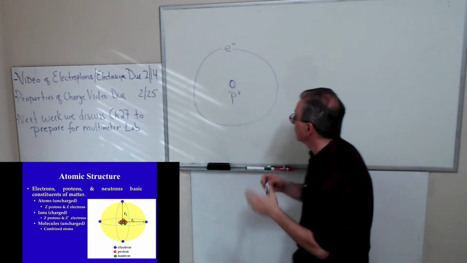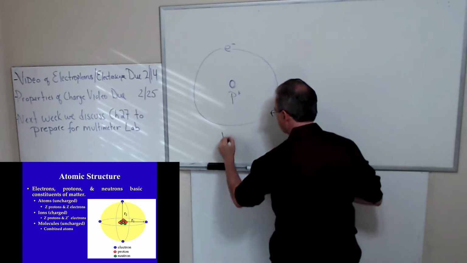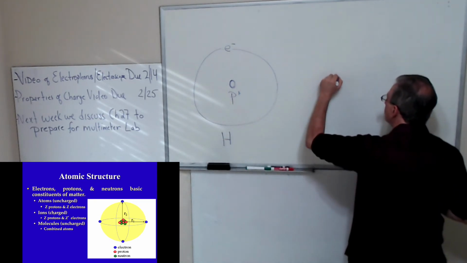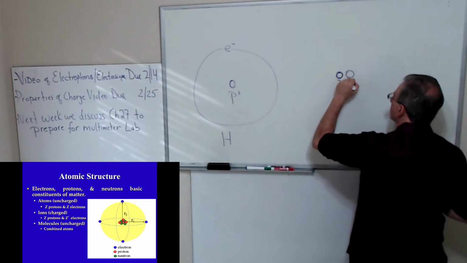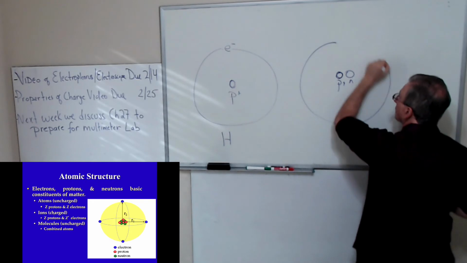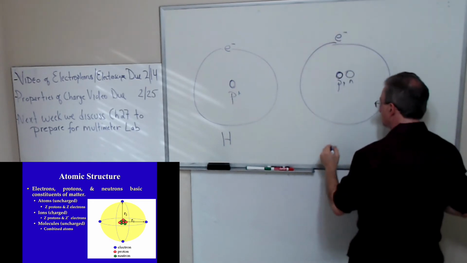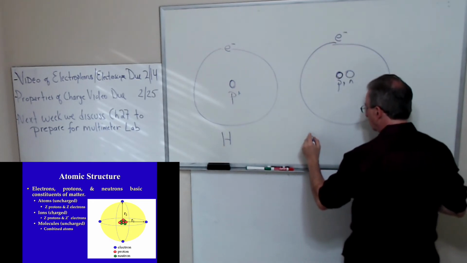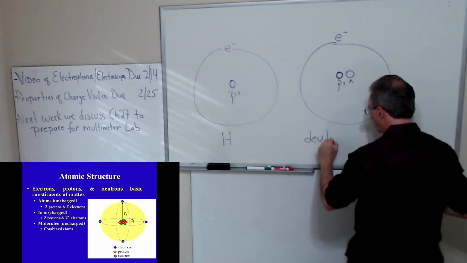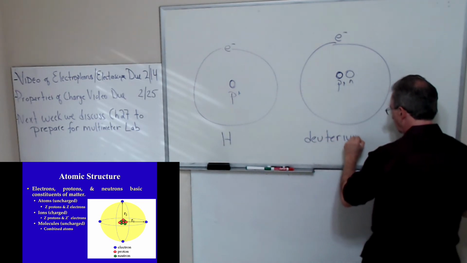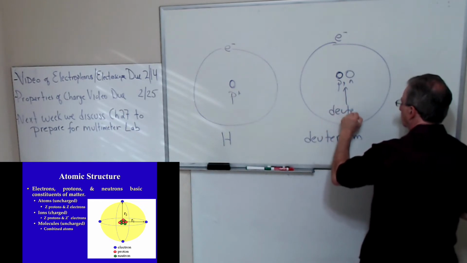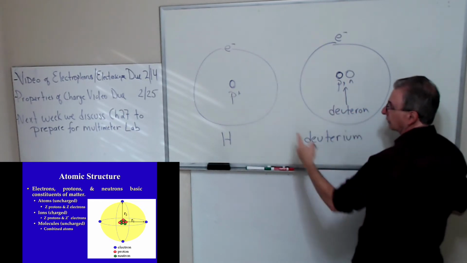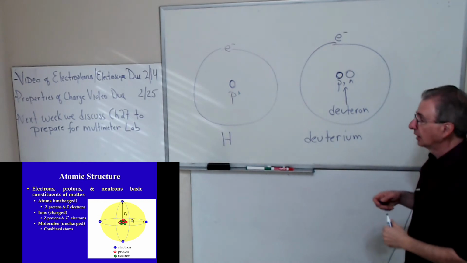For example, this is the hydrogen atom. You can have a hydrogen atom with a neutron in it. This is called deuterium. And this is called a deuteron. This is just a different isotope of hydrogen.